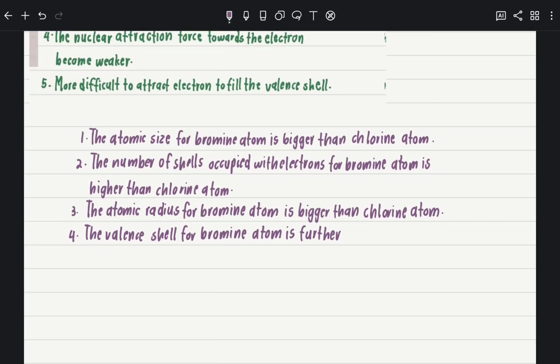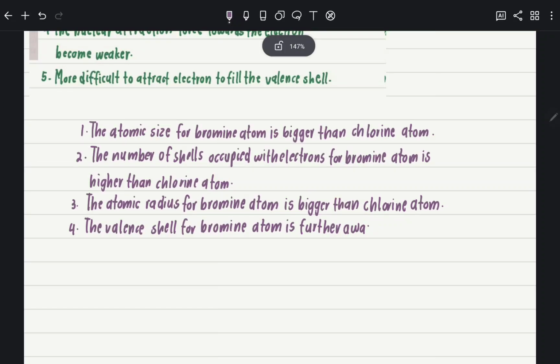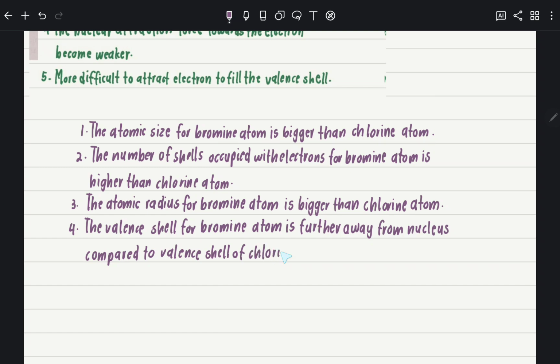So the valence shell for bromine atom is further away from the nucleus compared to the valence shell of chlorine atom from the nucleus. So this is the proper way. Make sure if you give a comparison, the comparison is very clear and very direct.